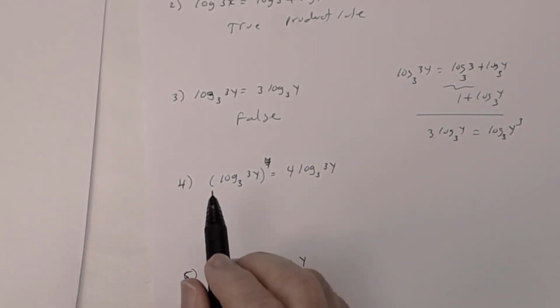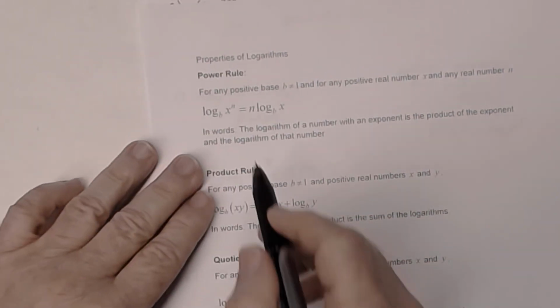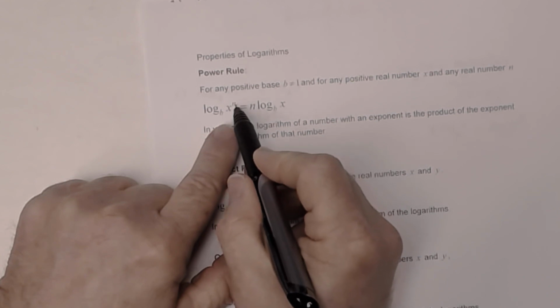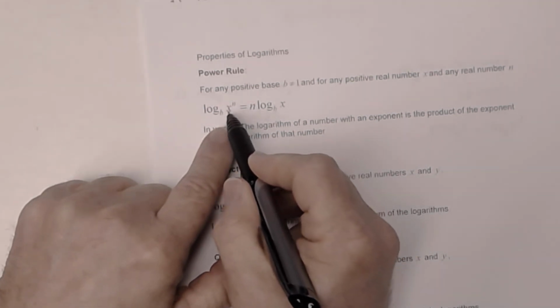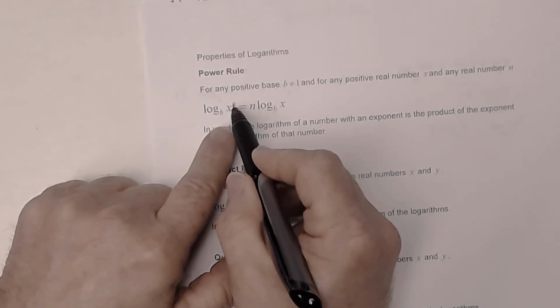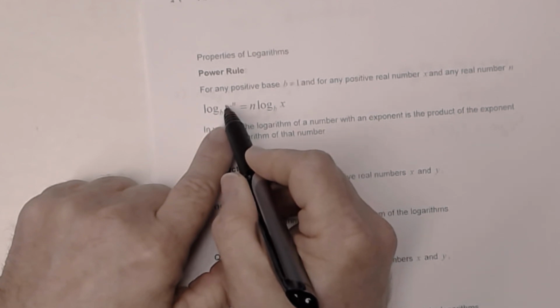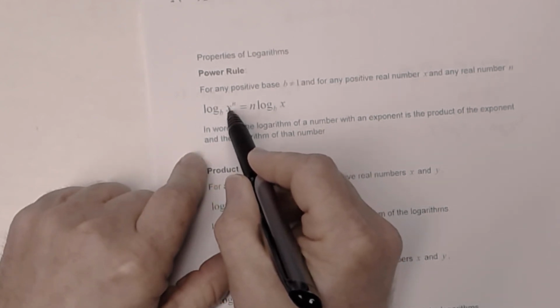You have to be careful. And by careful, I mean this. That exponent right here is only in relation to the base. Okay? So the only thing being raised to the exponent is that x right here, not that whole thing. It's just the base right here.